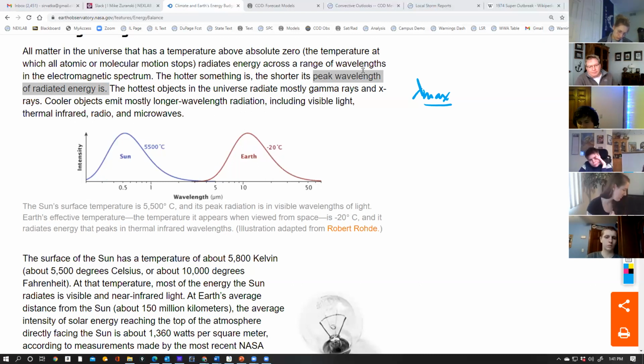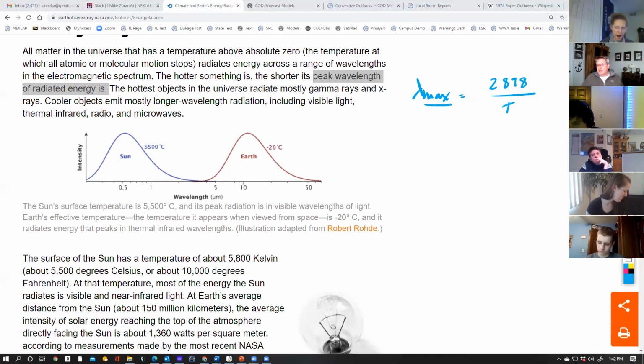Zach, you try it. Well, wouldn't it be like C over T, but C is always 2,898? Is that what lambda max is equal to? Yes, it is. But what is that you just quoted us? That's Wien's displacement law. Okay, so you just quoted us the law. Okay, fine.